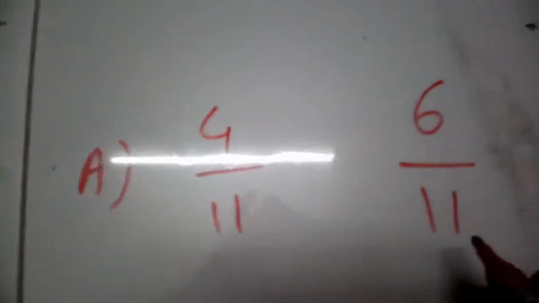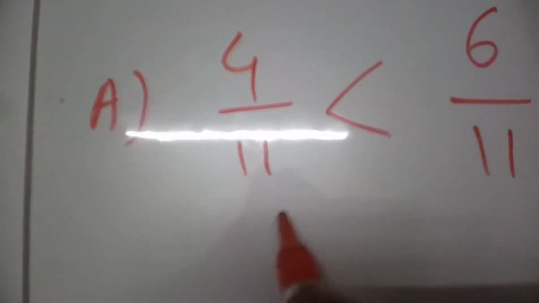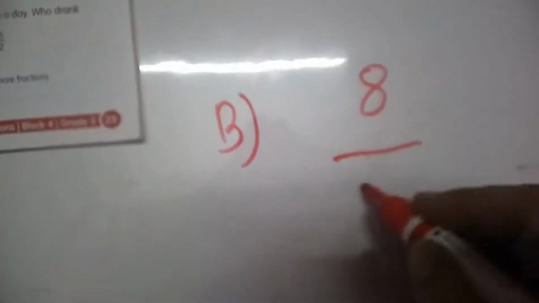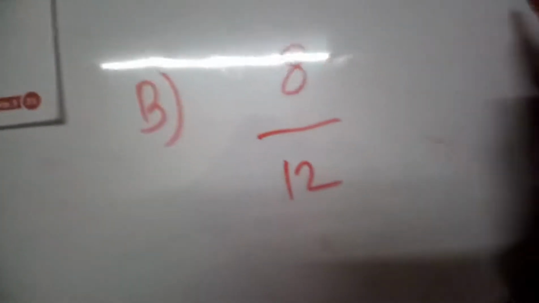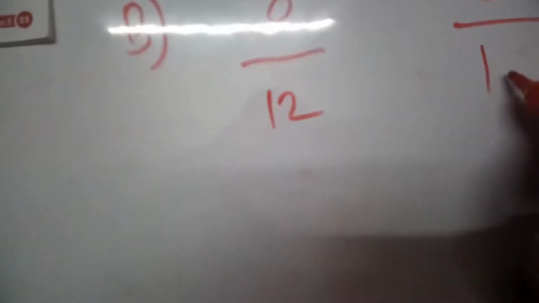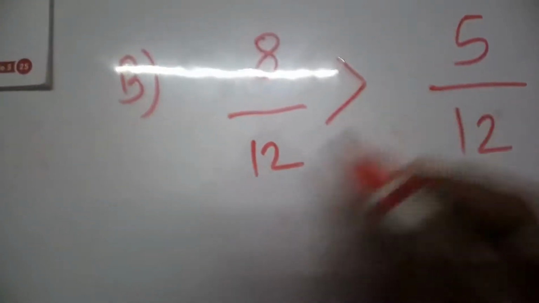So, which number is bigger? 6. Then B. 8 upon 12 and 5 upon 12. Which number is bigger? This.